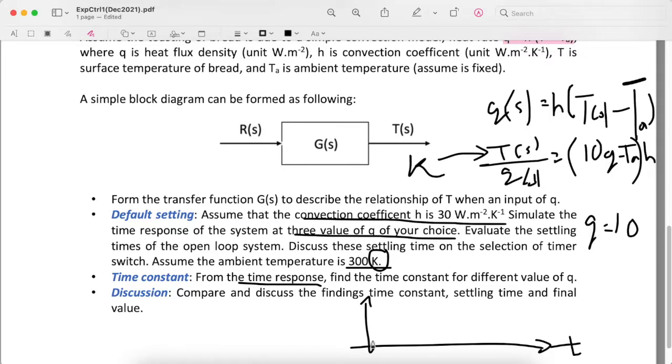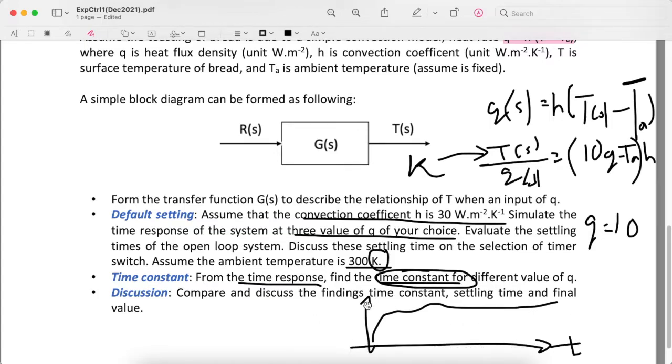Maybe the curve is like this, I don't know. After that, from this curve, find what is the time constant. You just refer back to the control engineering methods for how to get the time constant from a graph.